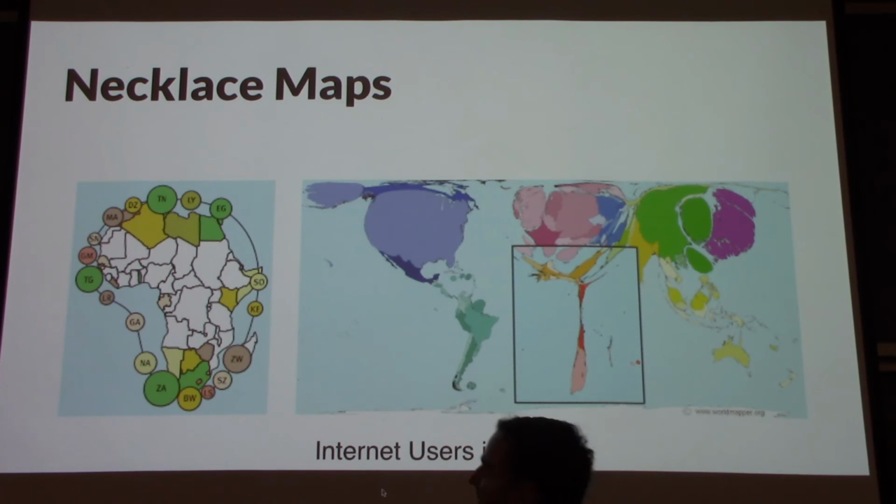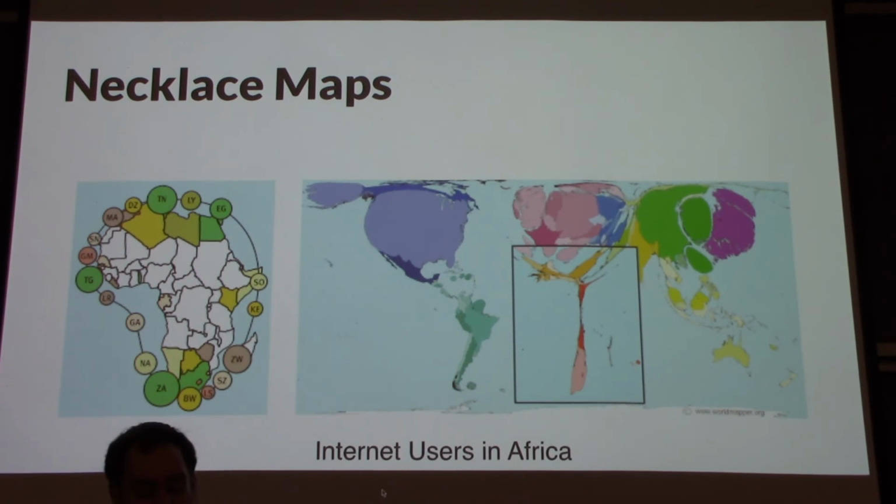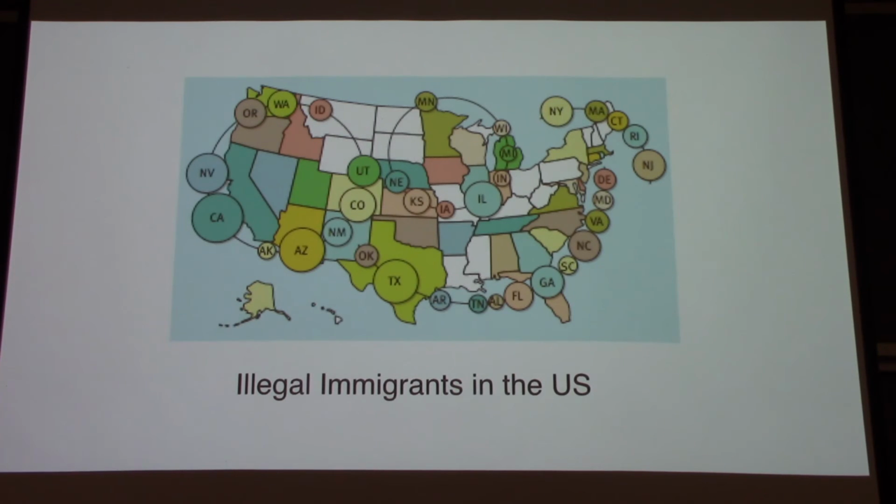So here you see South Africa and so on. And they have a couple of algorithms for how to divide these circles so that you can see where the location is.